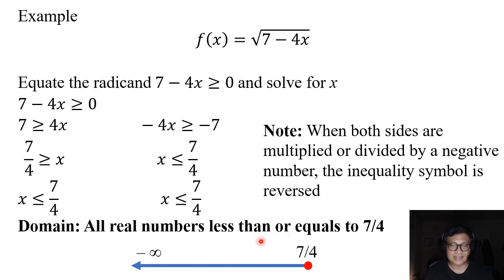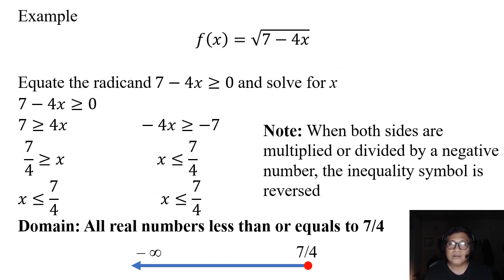So we cannot list all the possible values of your x, but we just use this statement. So as long as they are values that is 7 all over 4 or less, then it makes this function work properly, or there will always be a value for the range. Okay, so that will be the domain, class.